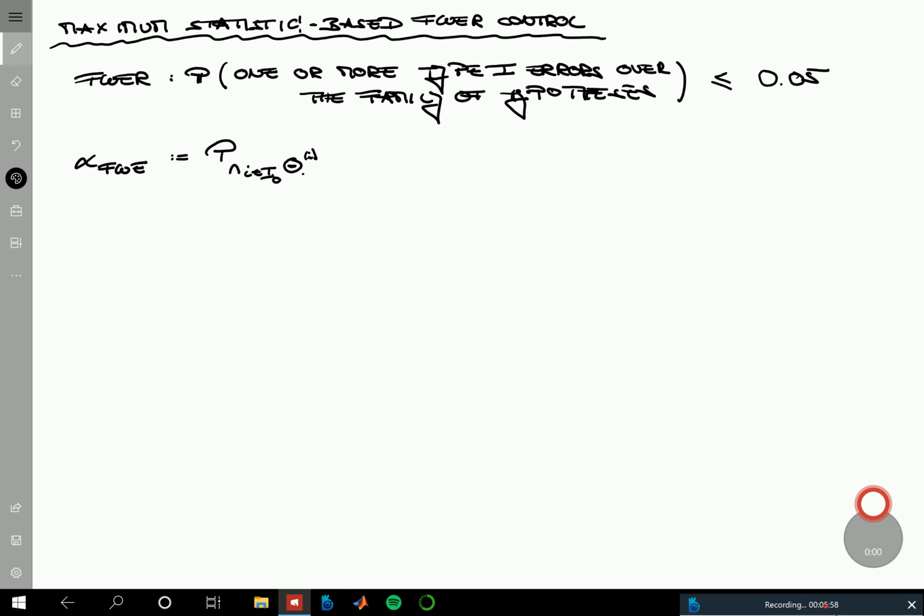I will write up what this notation means in a second. That one or more tests come out 1.